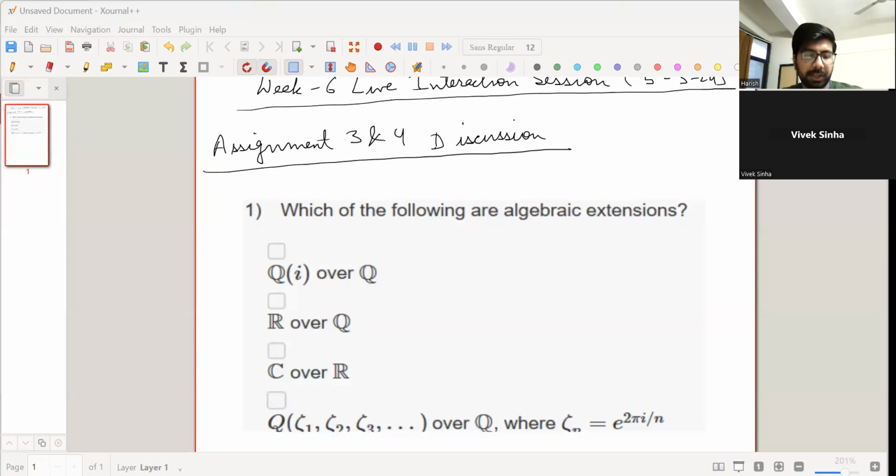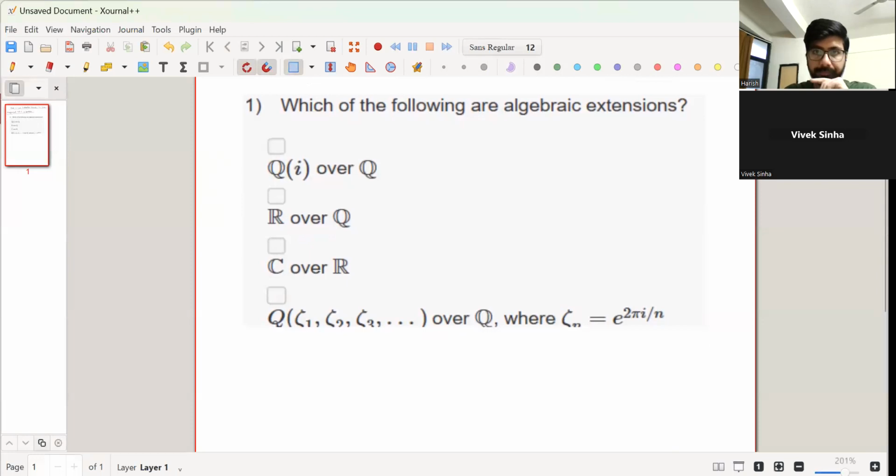That means each element satisfies a polynomial over the base field. That we have seen in the very first lecture. And also we have seen that each finite extension is an algebraic extension.